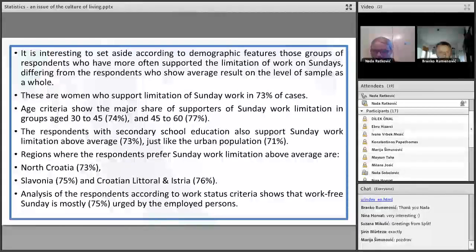Here are the results, the description of them. I said it now. North Croatia 73%, Slavonia 75%, Croatian littoral and Istria 76%. I also say about the age, work limitation in age groups 30 to 45, 74%, and 77% in the group of 45 to 60 years old.